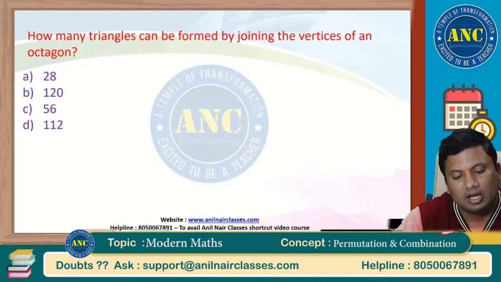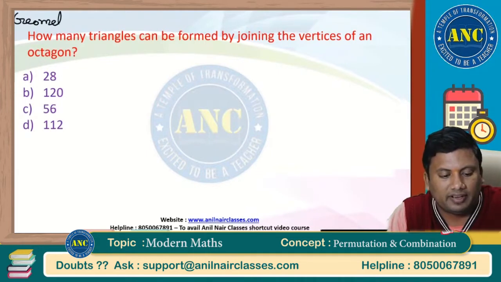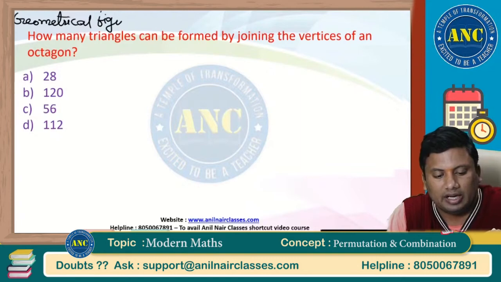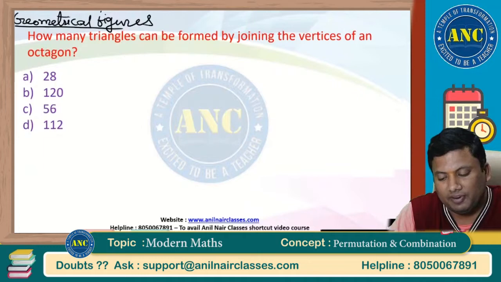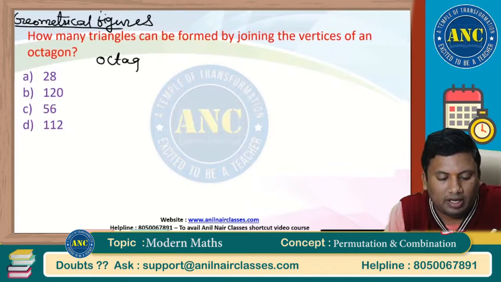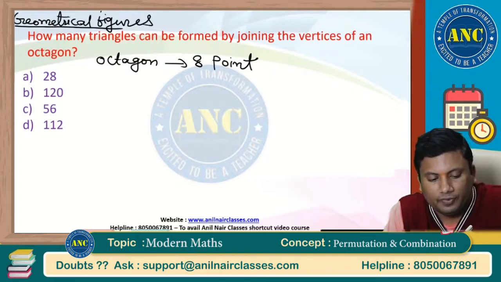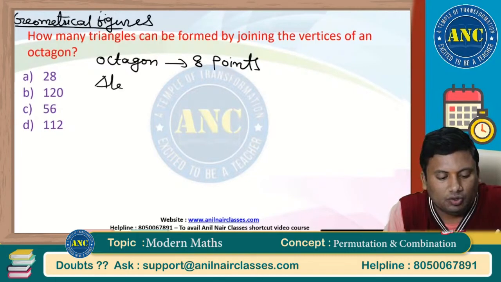Now, see here. How many triangles? These are the questions based on geometrical figures. What is this? We will see. How many triangles can be formed by joining the vertices of an octagon? Octagon is nothing but a polygon with 8 points. To draw a triangle, I need 3 points.